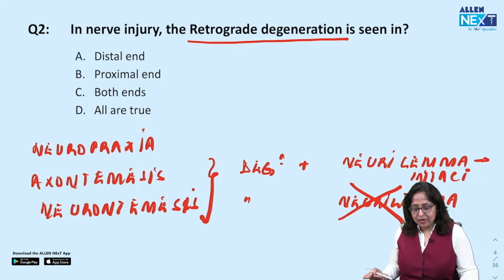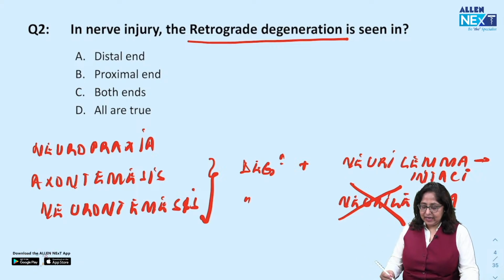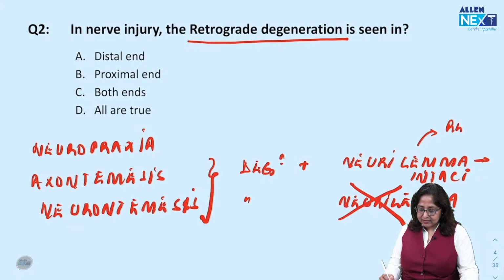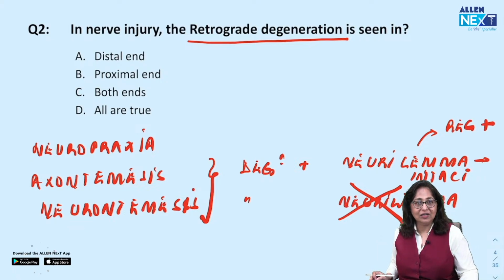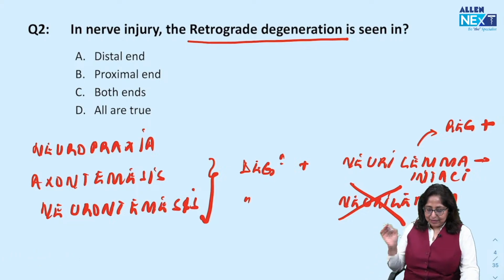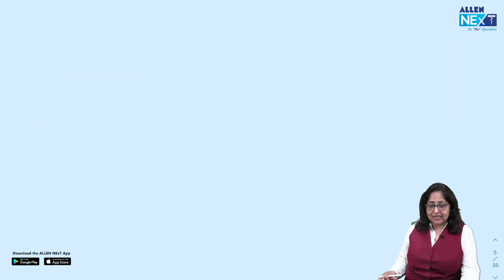So regeneration will only be seen in axonotmesis, not in neurotmesis. Regeneration will be present in axonotmesis, will be absent in neurotmesis. So this is the major difference. Now, as far as degeneration is concerned, let me just give you the sequence. And again, this is a question which has been asked.